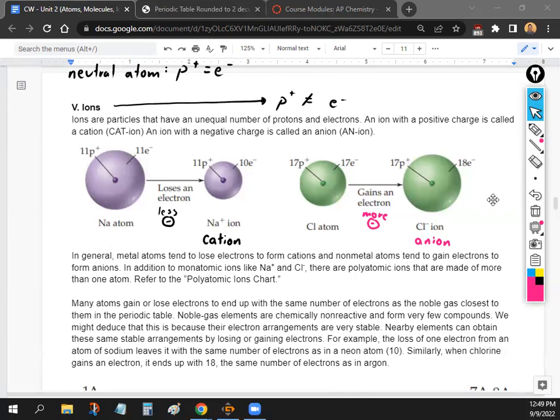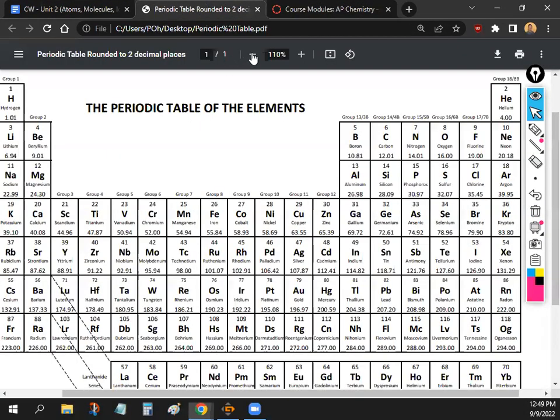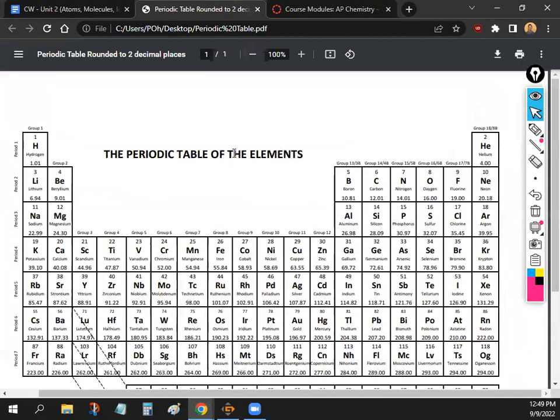Okay, so the pattern for elements and whether they become cations or anions is pretty simple. So let's look at the periodic table. If you want to come up here and pick up a copy of the periodic table, I'll put them out right now. For the pattern, let's start with the cation. Cations are usually going to be your metals. So metals usually become cations. We talked about the metals last time.